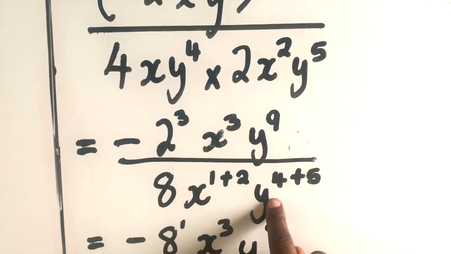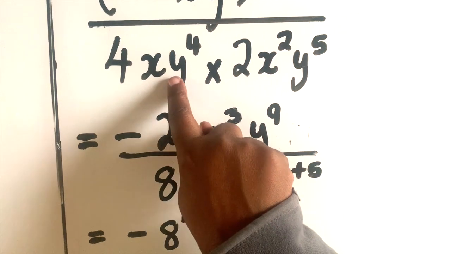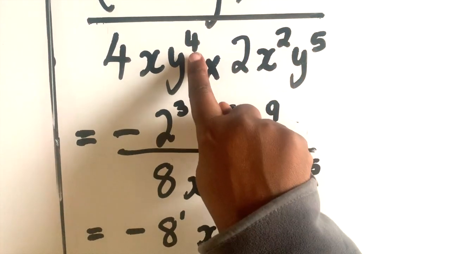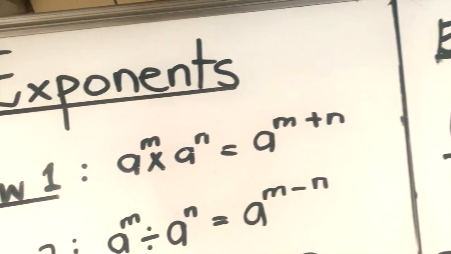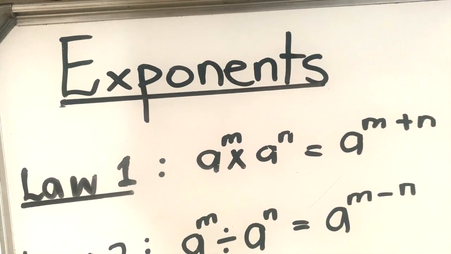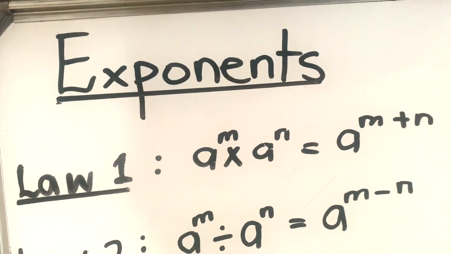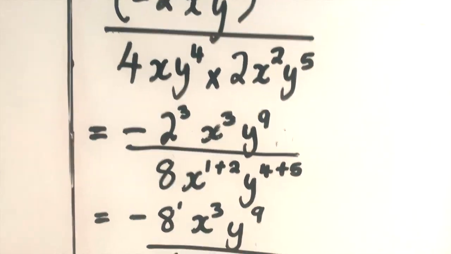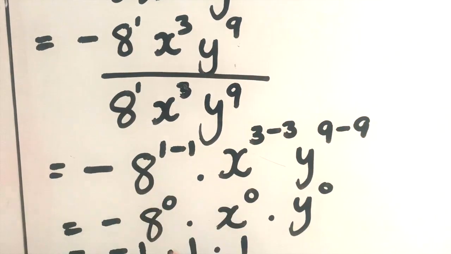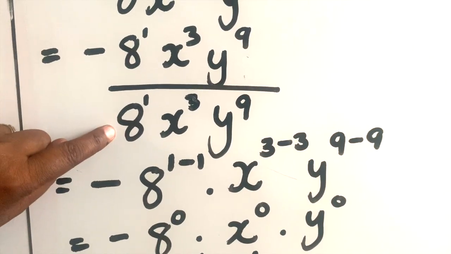And then with a y, the bases are the same, y and y. That's why we said 4 plus 5 here. This is law 1.